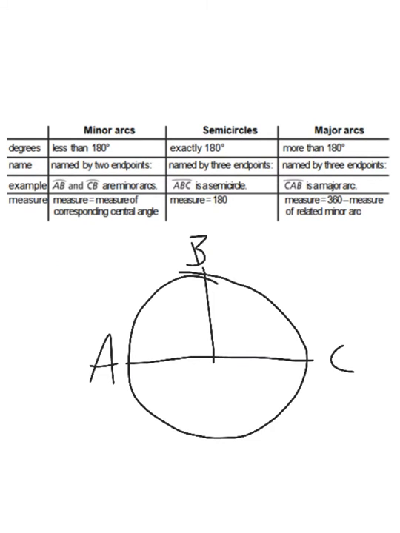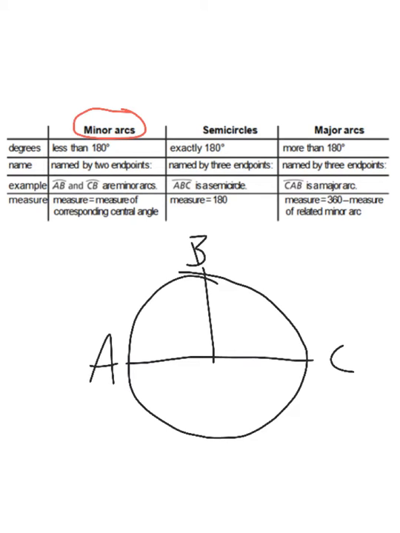The first type of arc we're going to be talking about is a minor arc. Minor arcs have degree measures less than 180 degrees, and we can name them by using two endpoints. For example, we could have AB and CB as minor arcs. Now the measure of a minor arc is the measure of the corresponding central angle.